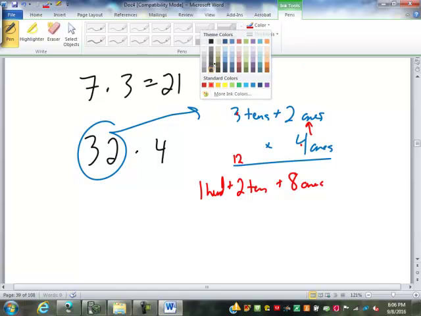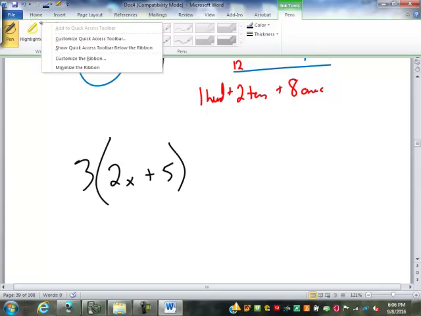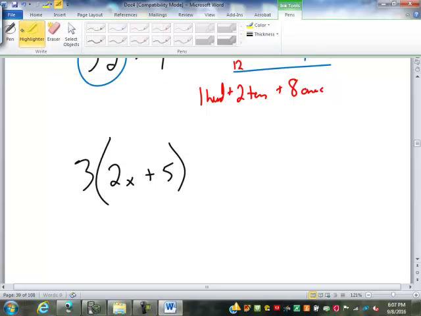Algebraic numbers work the same way. If I have 3 times 2x plus 5, this in the parentheses here is not two separate numbers. 2x plus 5, remember, is a single two-digit algebraic number. So I'm multiplying that 2x plus 5 times 3.